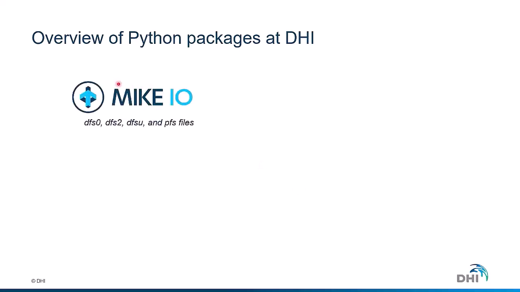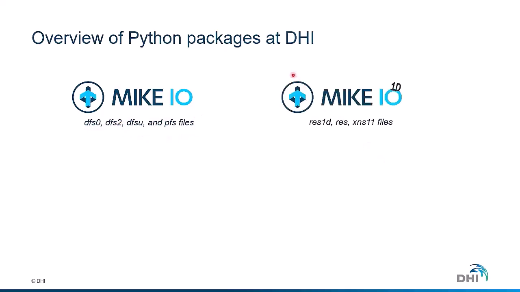The first one is called mikeio. It stands for MIKE Input Output, and it's for working with these kinds of files. The next one is called mikeio1d, same thing, but mostly for collection system modeling. And it's working with these kinds of files and more.